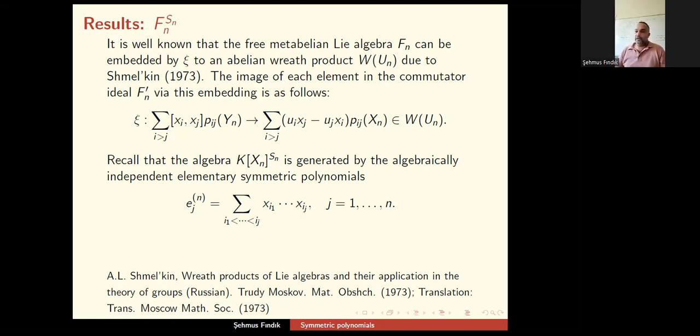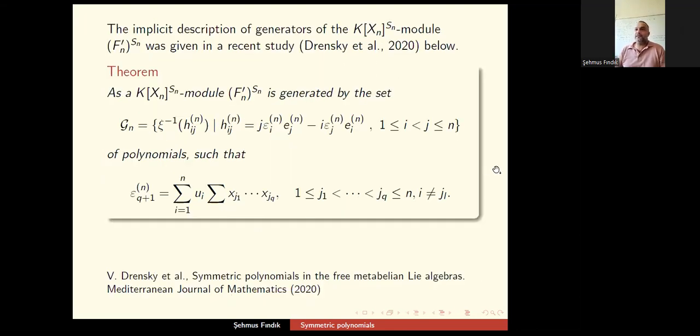After working in here, we give an implicit description of Fn prime to the Sn. It is given by this. Here you have the generating set, and in the generating set you have Hij's, which are defined in the Read product, and the inverse images of them under the embedding psi give you the generators.